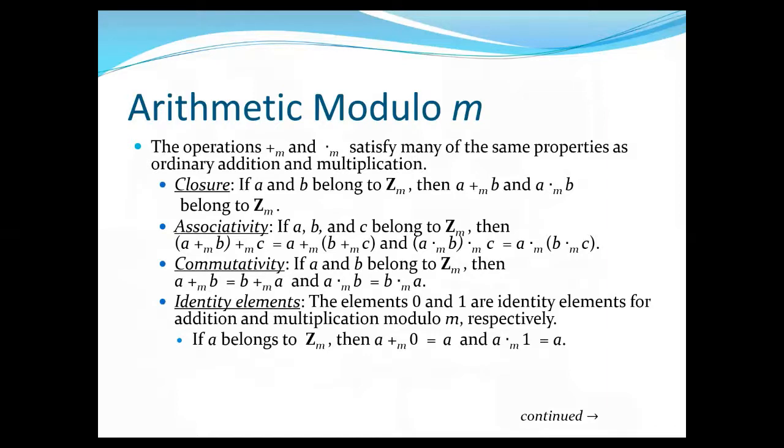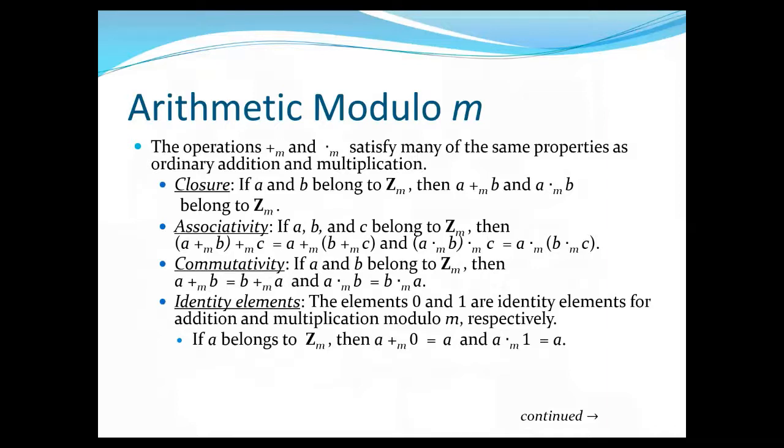Then associativity: if A, B, C belong to Z sub M, then A plus modulo (B plus modulo C) is equal to (A plus modulo B) plus modulo C, and likewise for multiplication. For commutativity, you could alter the order.